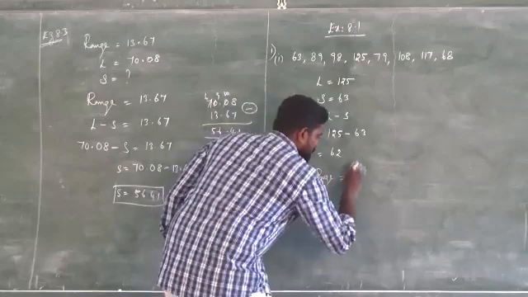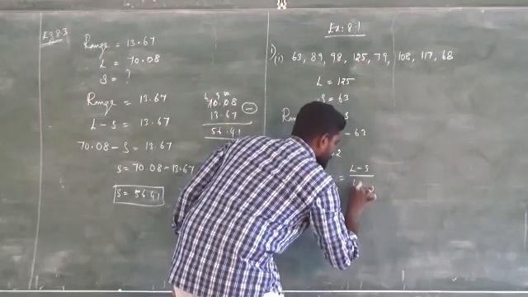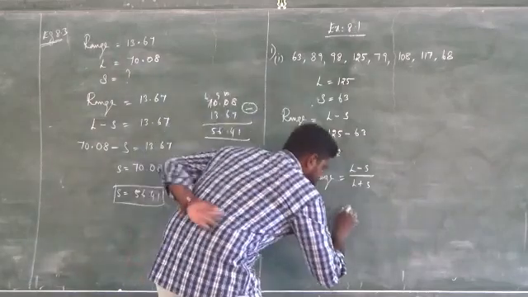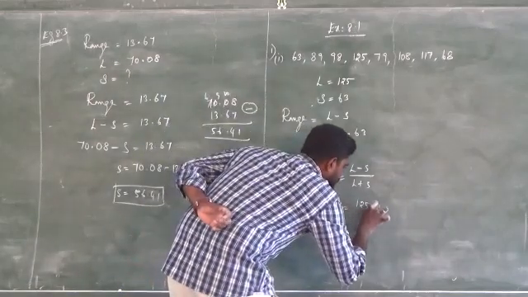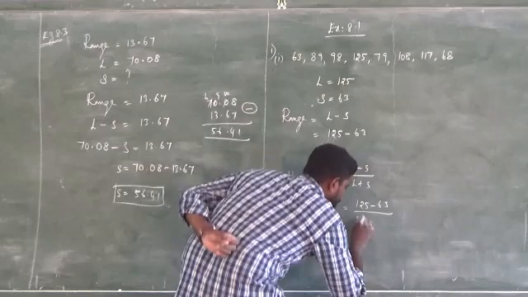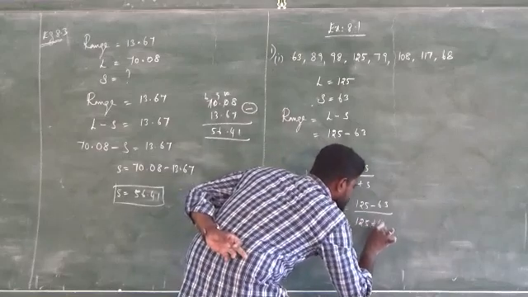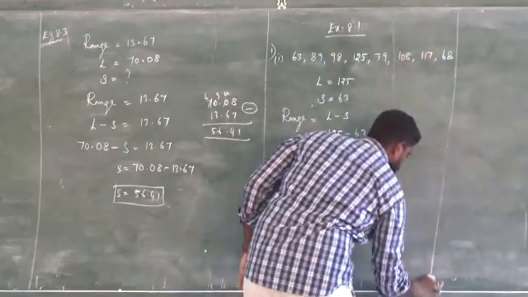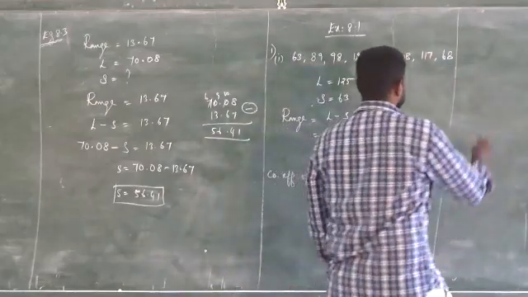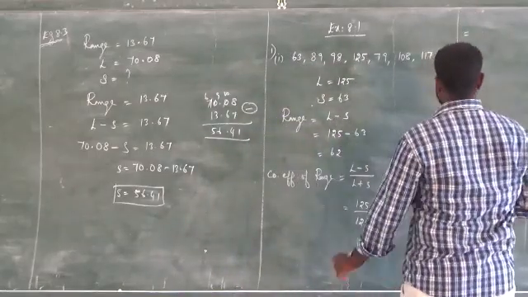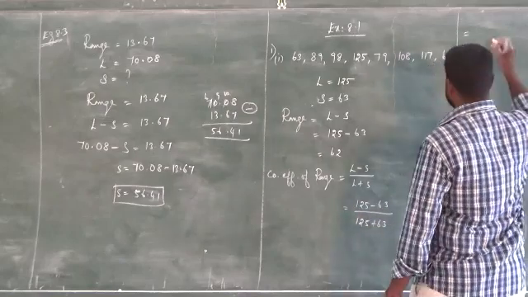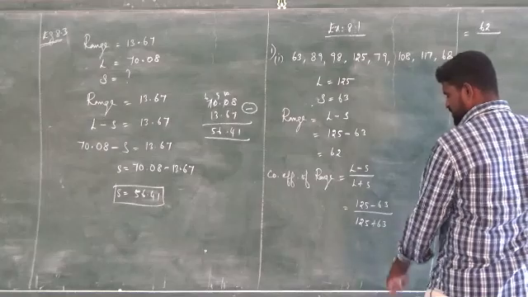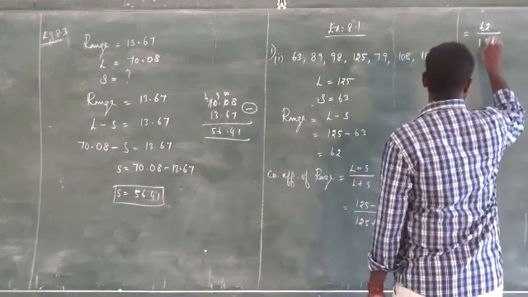Next, coefficient of range. It is L minus S by L plus S. So 125 minus 63 by 125 plus 63. 125 minus 63 is 62, and 125 plus 63 is 188.